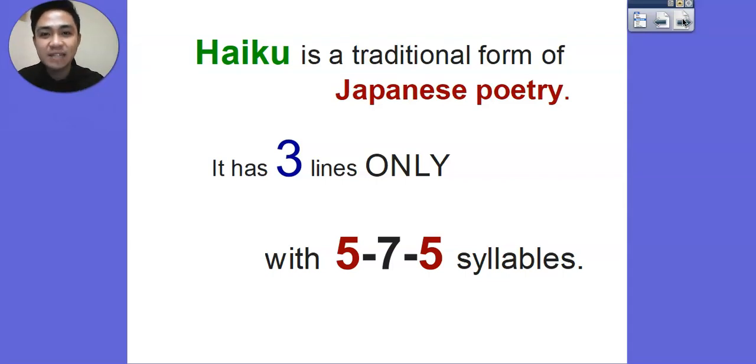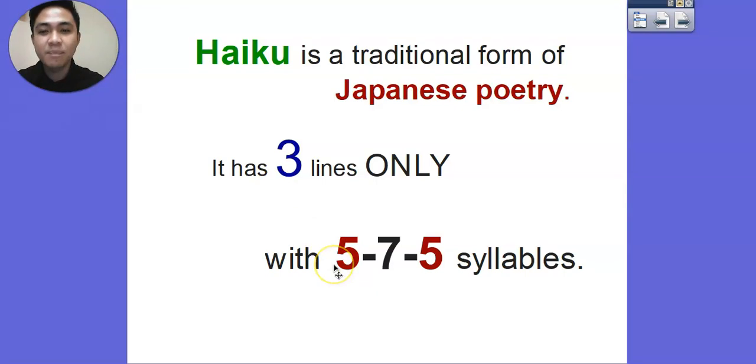5-7-5 syllables. What do you mean by 5-7-5 syllables? Meaning to say, the first line has 5 syllables, the second line has 7 syllables, and the third line has 5 syllables.